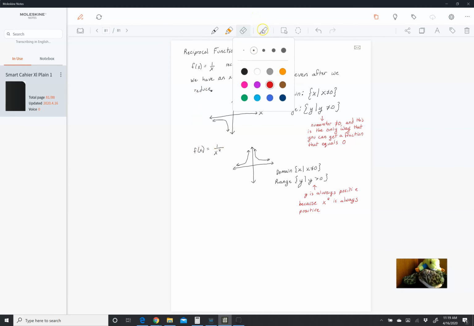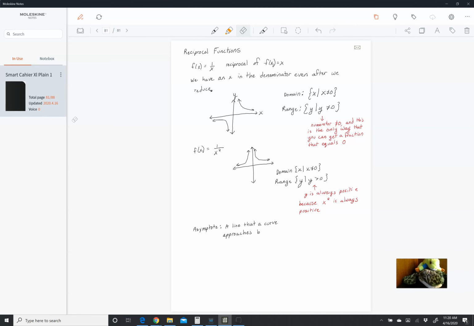Okay, so let's define asymptote because that's going to be a big part of looking at domains. So an asymptote is a line that a curve approaches but never touches.